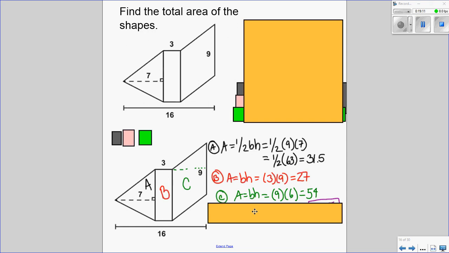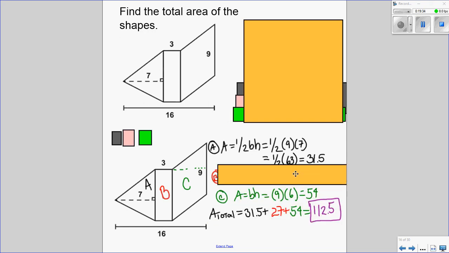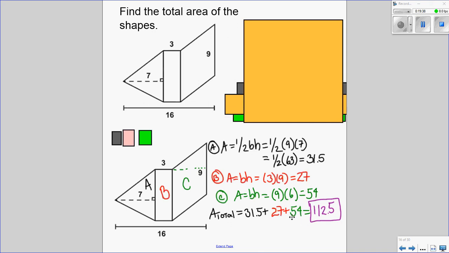All you had to do was subtract 10 from 16 to give you 6, and that gave you the height. Like I said, use all the information they gave you in order to find what you're looking for. Once I found the areas, I added them all up. Added the triangle, the rectangle, and the parallelogram to give me the total area of this funky shape.